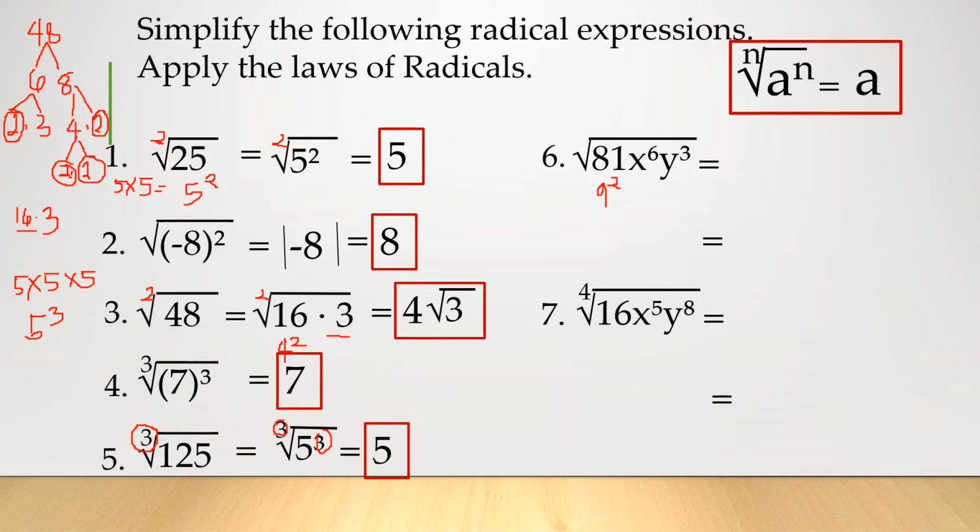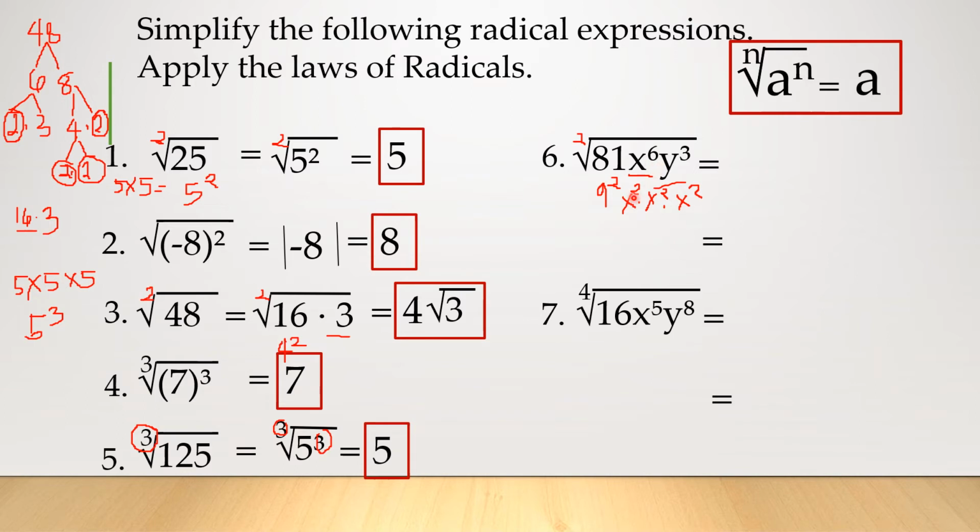Okay, now what about x to the 6th power and y to the 3rd power? In this case, because the index here is 2, you can rewrite x to the 6th as x squared times x squared times x squared. Why? Because 2 plus 2 plus 2 is equal to 6.